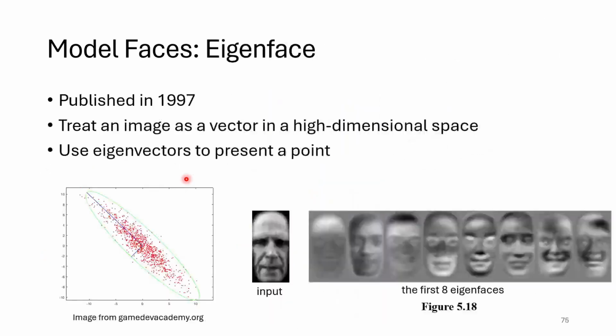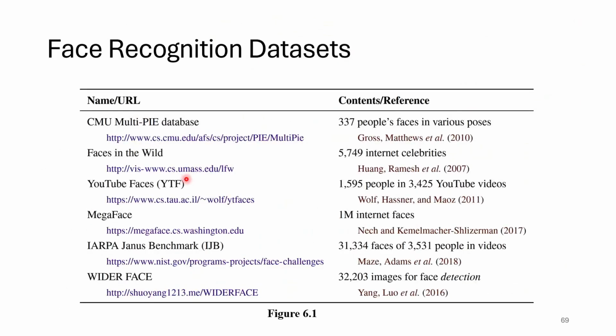So let's take a look at the table again. For this data set, there are only 30K face images. And MegaFace, which was a very famous data set, has only 1 million.